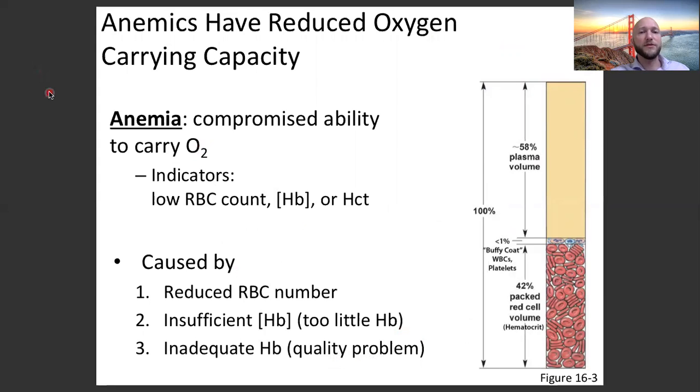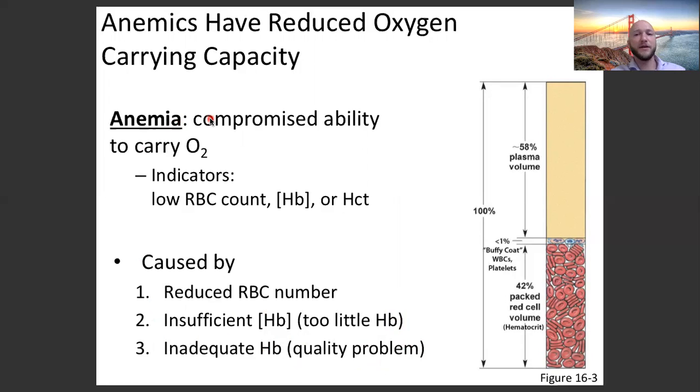Anemias have reduced oxygen carrying capacity. Anemias are caused by low red blood cell numbers, insufficient hemoglobin, so not enough hemoglobin, or inadequate hemoglobin. And they're characterized by a compromised ability to carry oxygen.